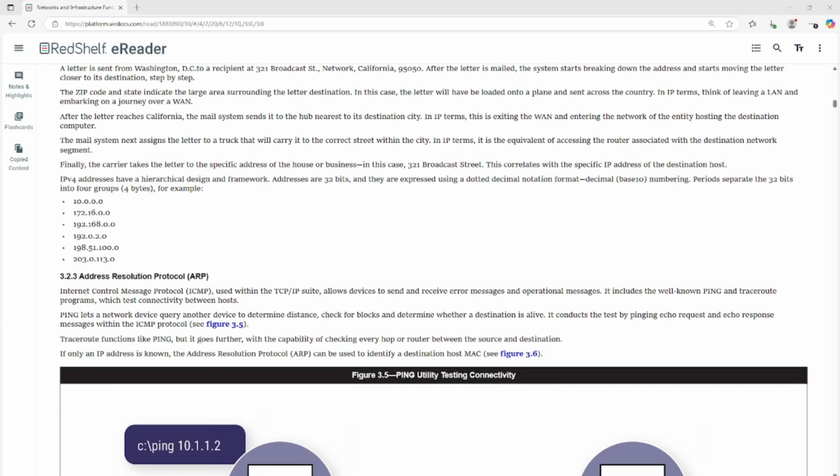For instance, it doesn't only find the location of the device, but it finds all the routes that it connects to. If only an IP address is known, the address resolution protocol can be used to identify a destination's host MAC address. It will ping you and get a response.